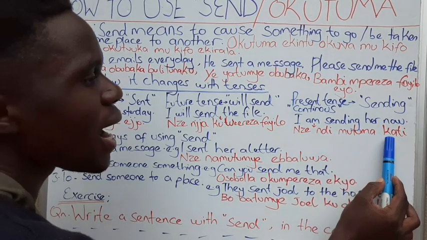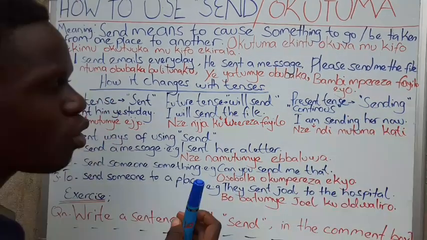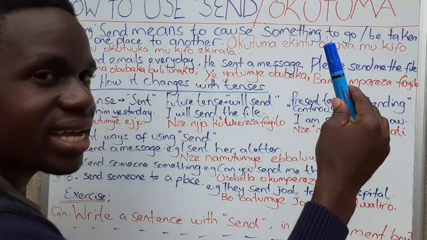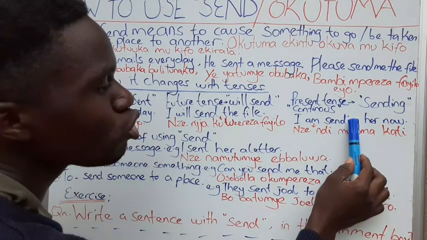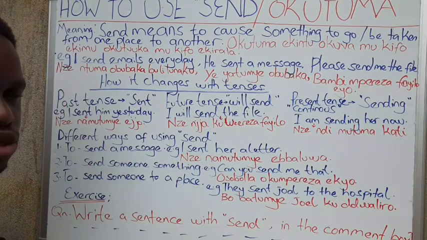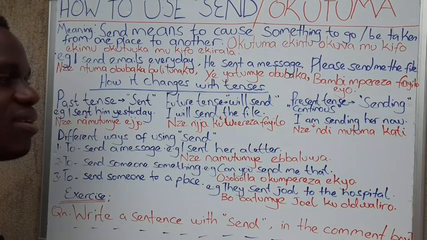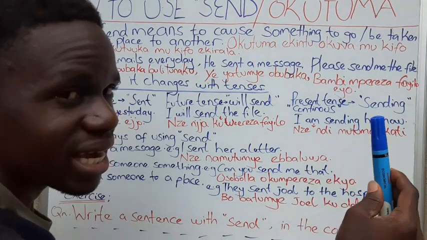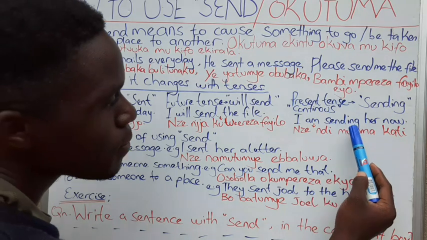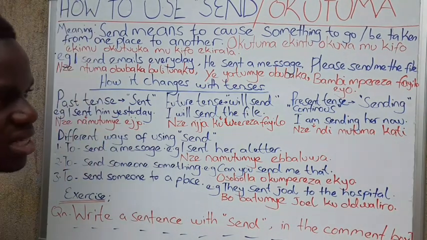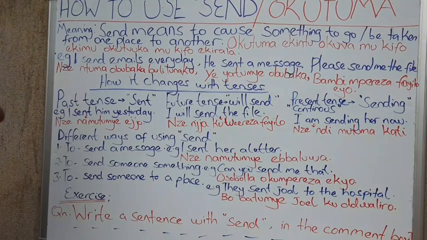Some people say inze ndi kutuma ye kati, for beginner level. But for intermediate level, we use mu to reference that person and the activity. Nze ndi mutuma kati. Hope you are together on that.